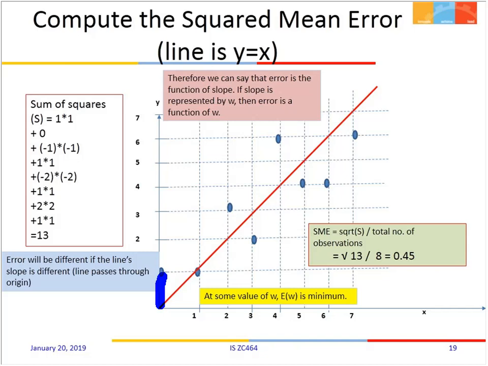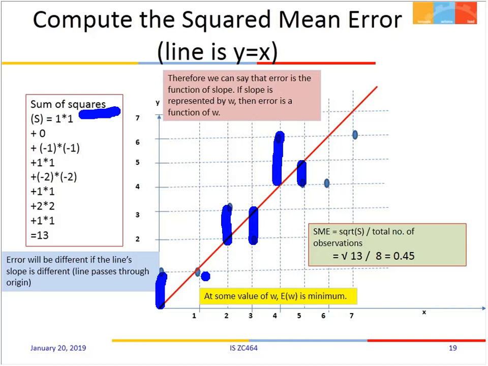Then you have 0. So I have taken here in the sum of squares 1 into 1, then 0. Then next, sorry, this one has to be 1. Then there is minus 1, then it is minus 2, then it is 1. Like that you can keep doing.